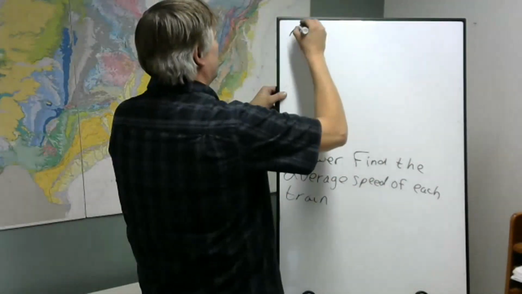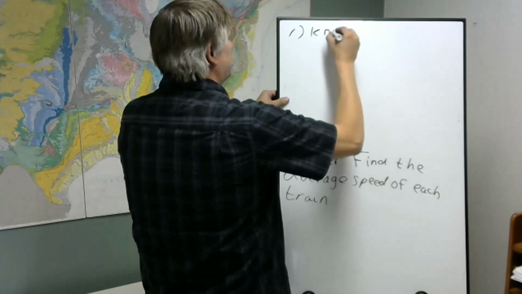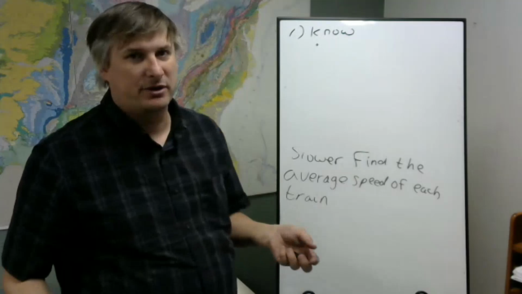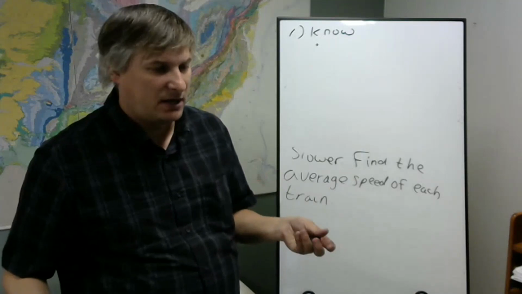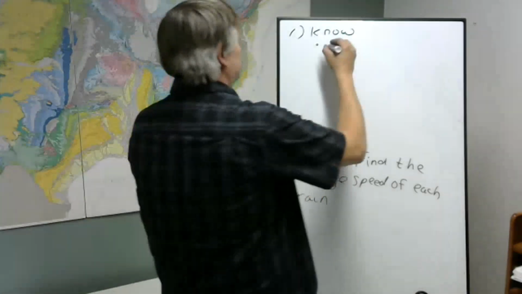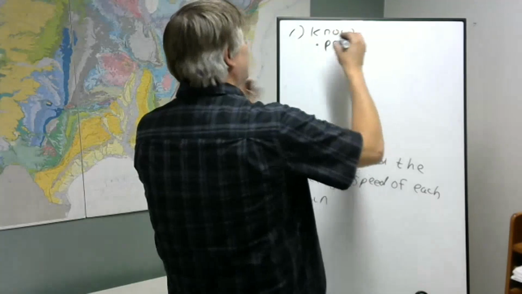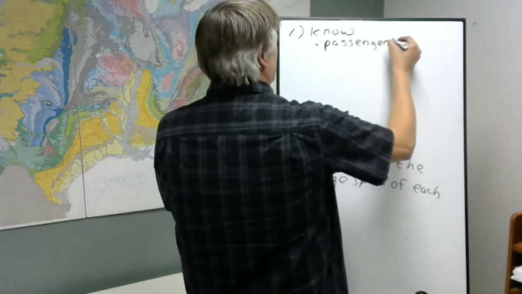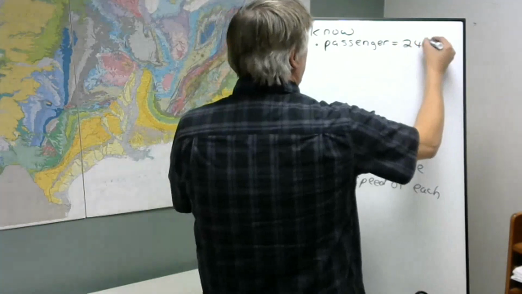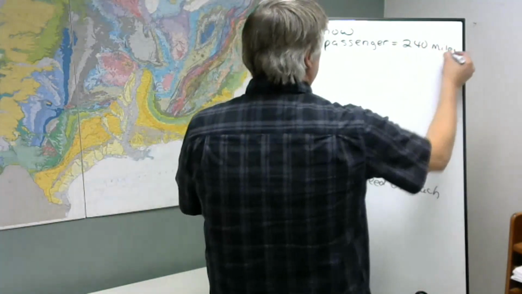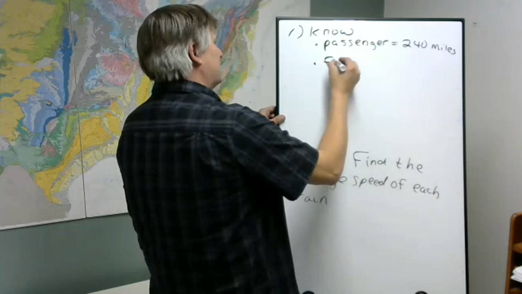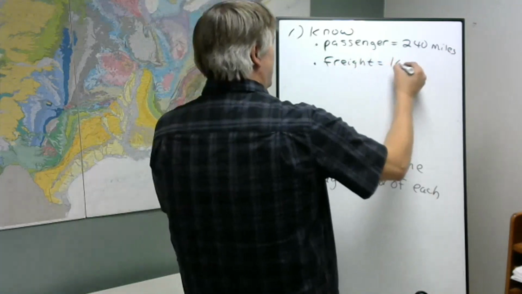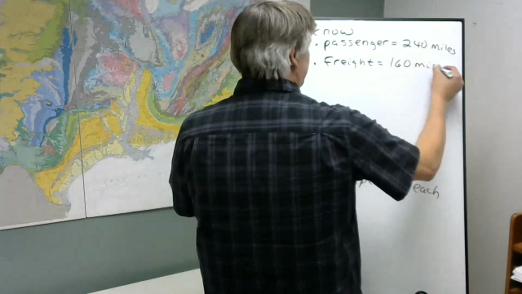So number one, what do we know? Well, we know that the passenger train is 240 miles per hour. Oh, sorry, no, for the passenger train, we don't know the rate. The passenger train covers 240 miles. The freight covers 160 miles.